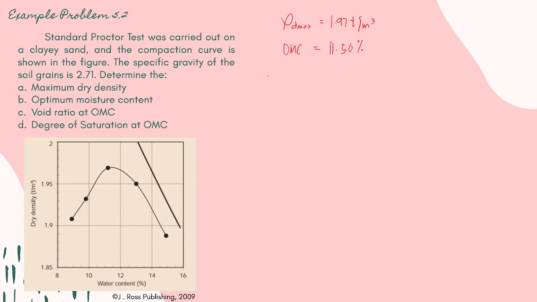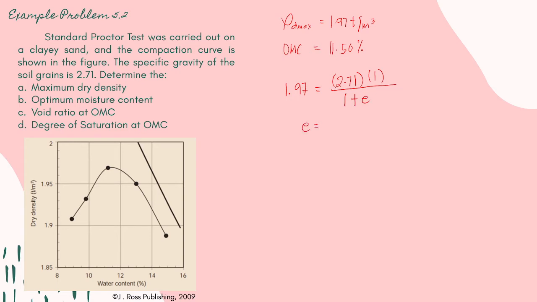Now that we know the maximum dry density, 1.97 is equal to 2.71, because this is the specific gravity, times the density of water, which is 1 ton per cubic meter, all over 1 plus the void ratio e.